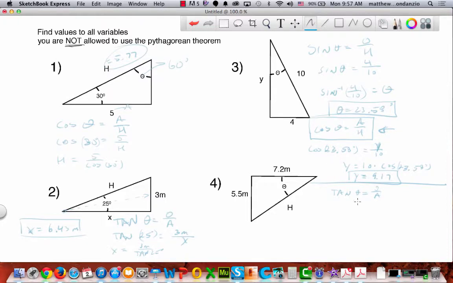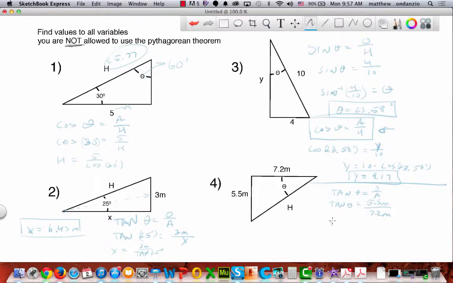Okay, so now I plug in my numbers. Do I have theta? No. So I have tangent of theta equals, what's my opposite value? 5.5 meters over what? 7.2 meters. Beautiful.